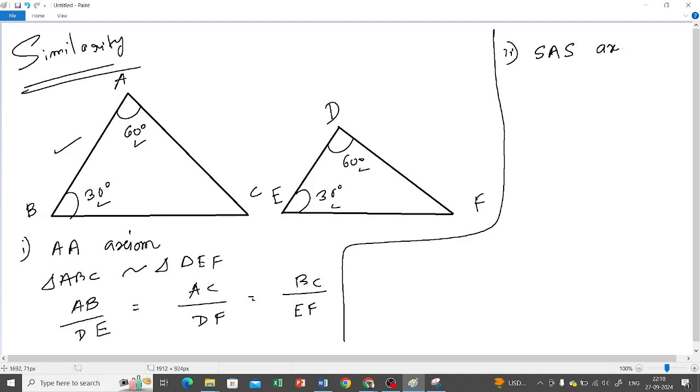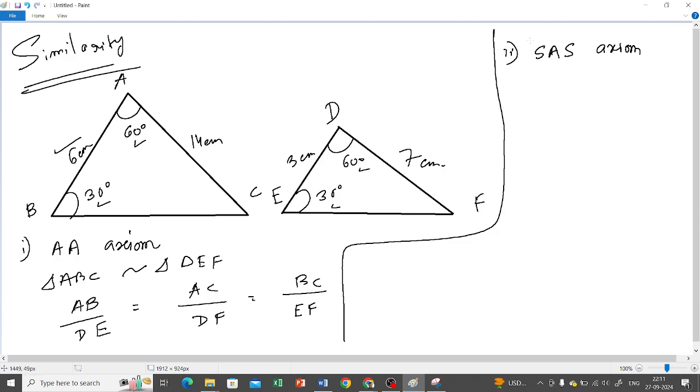Now, the SAS axiom, side angle side. Say for example, this side is given as 6 centimeters, this side is 3 centimeters, this side is 14 centimeters, and this side is 7 centimeters.